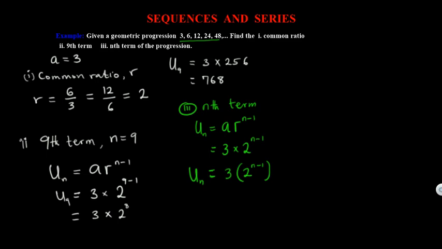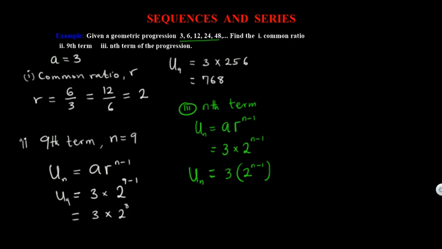For an arithmetic progression, the successive term increases or decreases by a common difference. However, in geometric progression, the successive terms are obtained by multiplying the previous term by a common ratio.